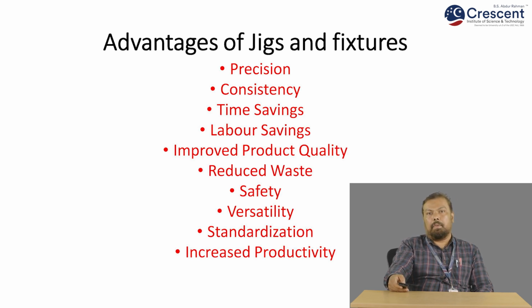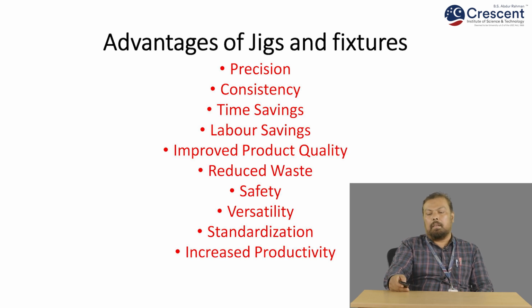What about the labor savings? They reduce the need for skilled operators to perform tasks manually, potentially lowering the labor costs. Now, improved product quality: the accuracy and consistency of the jigs and fixtures lead to higher product quality and fewer defects. What about the reduced waste? Less scrap and rework result in reduced material waste and cost savings.